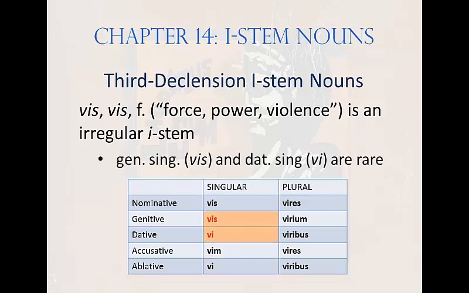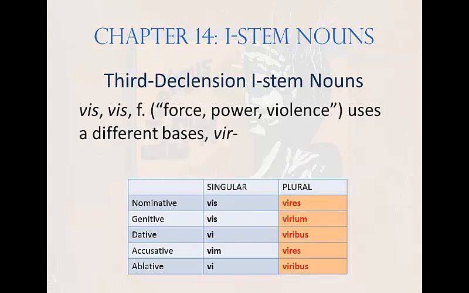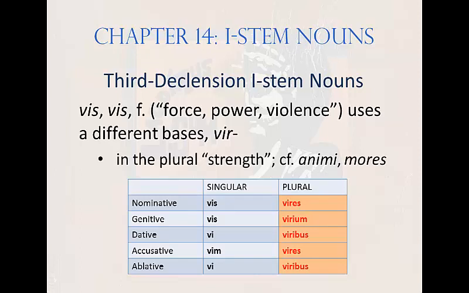The genitive singular vis and dative singular vi are attested only rarely. And finally, the plural uses a different base, not v, but vir, producing vires, virium, remember it's I stem, viribus, vires, viribus. Like animi and mores, the plural has a singular sense, strength.